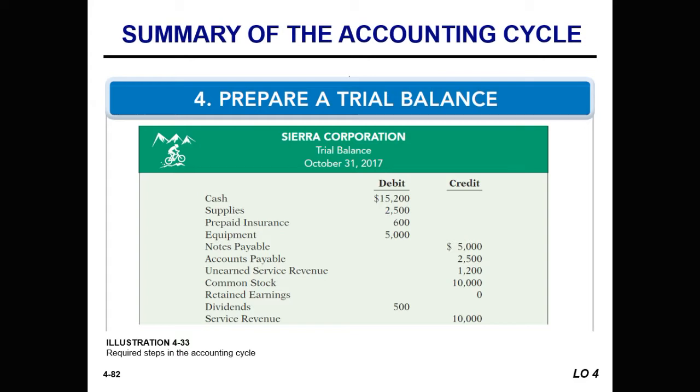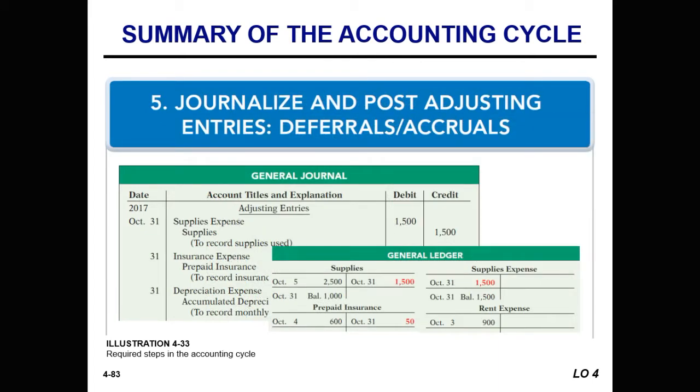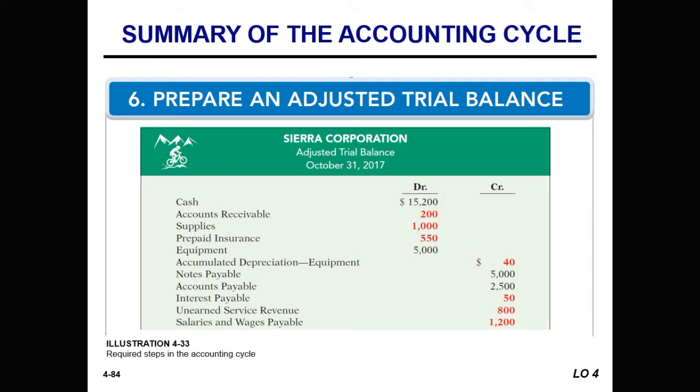We then move forward through time towards the end, and at the end of the accounting period, we'll journalize and post appropriate adjusting journal entries for deferrals and accruals, recognizing things such as prepaid expenses that have expired, unearned revenues. Once those have been posted, we prepare an adjusted trial balance.